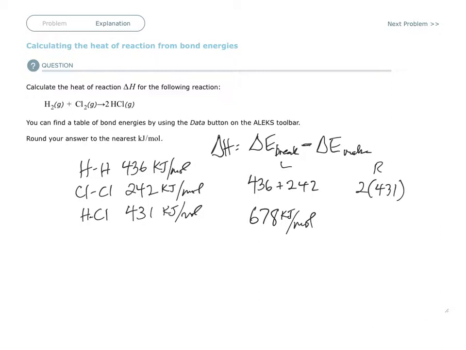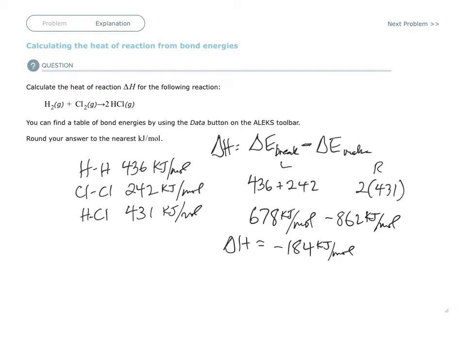And then you're going to subtract 2 times 431, which is 862 kilojoules per mole. And that gives you a total enthalpy change of negative 184 kilojoules per mole.